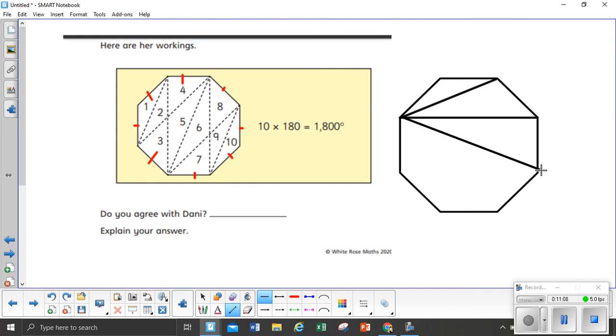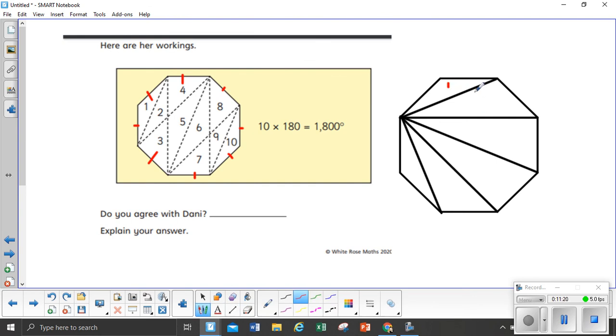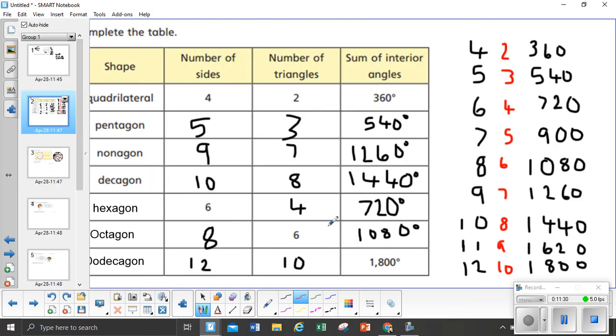And I can keep going round. Okay, so I have 1, 2, 3, 4, 5, 6 triangles. If we look at our chart from before, there's an octagon, 8 sides, 6 triangles, it's 1080.